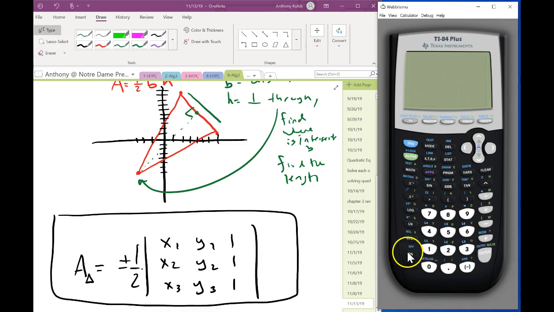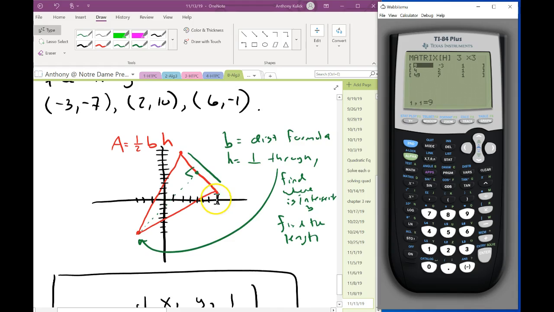Okay, so let's go ahead and enter that in, because I'm going to just use my calculator to do this. Let's see, so 3x3. The first point was -3, -7, and the last column is a 1. Then I have the point 2, 10, and the last column is a 1.